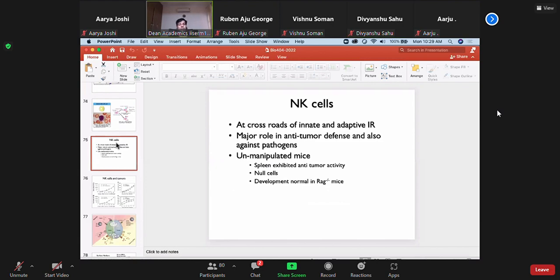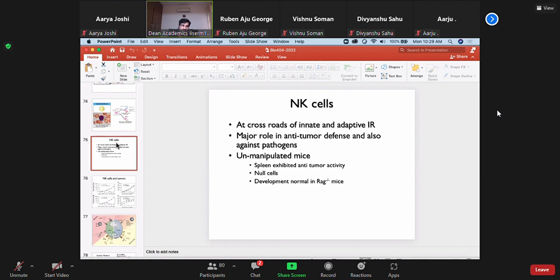Okay, so the point basically says that in unmanipulated mice, unmanipulated means the animals which were not injected with a particular antigen, or they are not infected, or they are not developing any cancer.